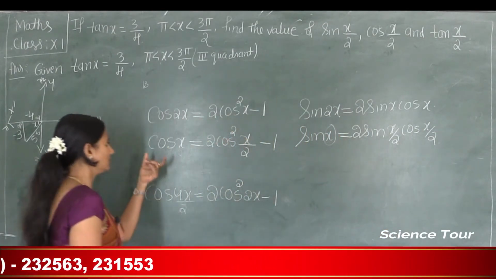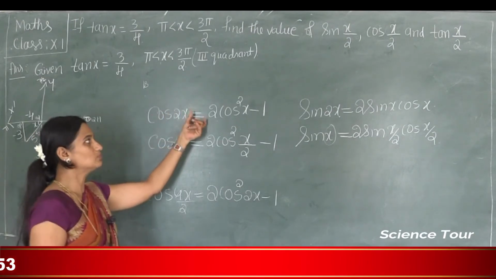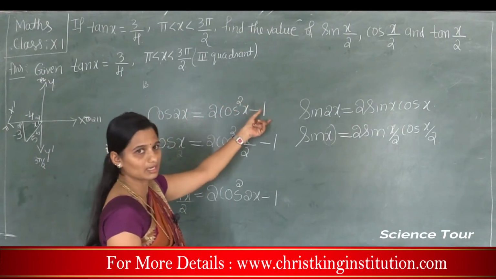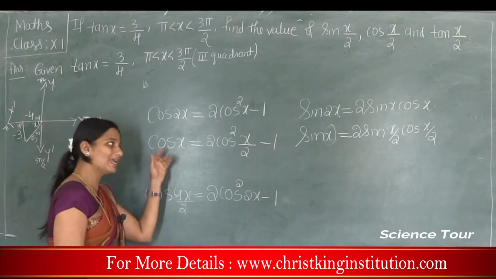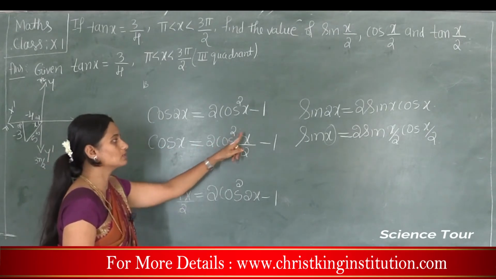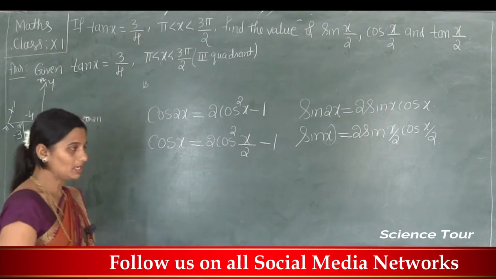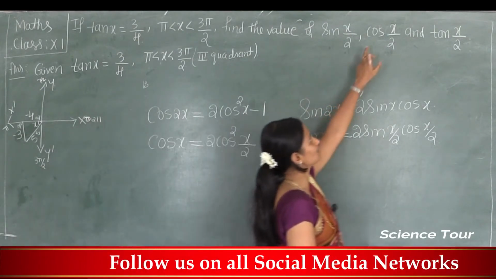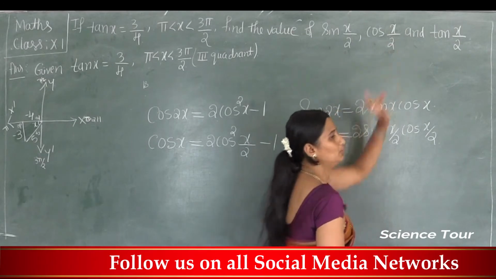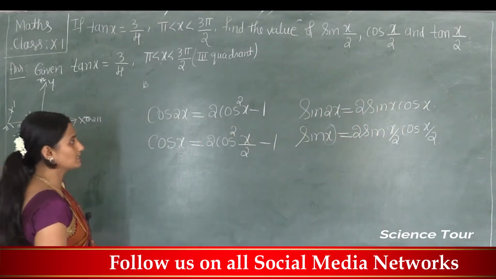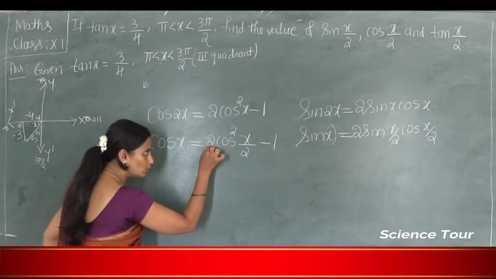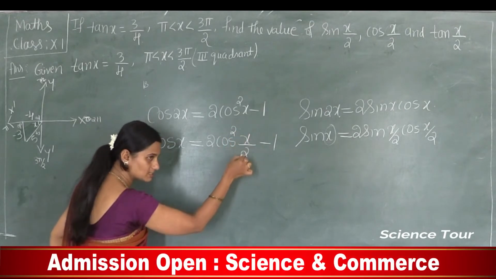Yes. Similarly here cos 2x is 2 cos square x minus 1. So cos x is 2 cos square x by 2 minus 1. Now what I need is cos x by 2. Here it is 2 cos square x by 2.